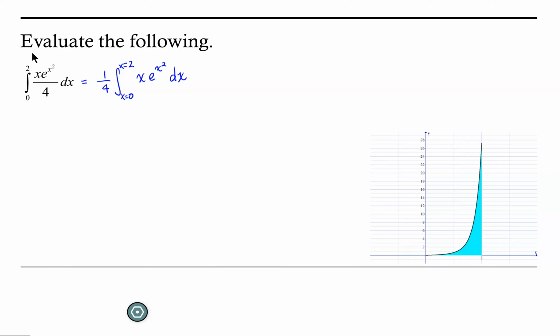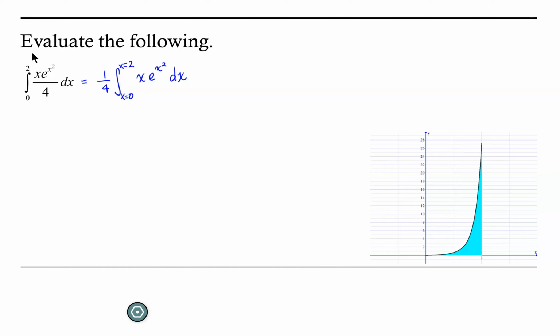dx. And when I'm using the substitution property, often what I'm looking for is one of two things: a composition of functions that's kind of obvious, or a product where one factor of the product is a derivative of the other factor.